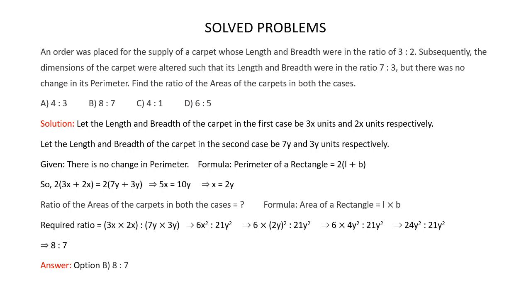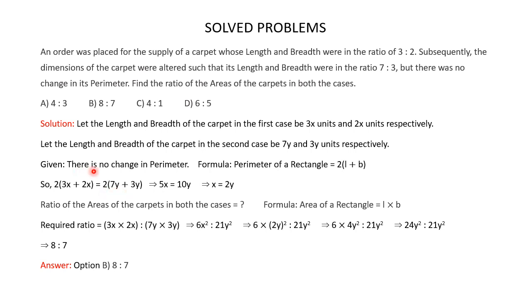Now in the first case, since the length of the carpet is 3x and breadth of the carpet is 2x, the perimeter of the carpet in the first case would be 2 multiplied by 3x plus 2x. Since the length of the carpet in the second case is 7y and the breadth of the carpet in the second case is 3y, the perimeter of the carpet in the second case would be 2 multiplied by 7y plus 3y.